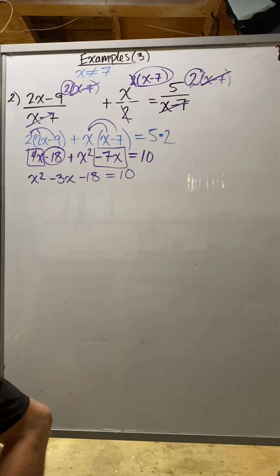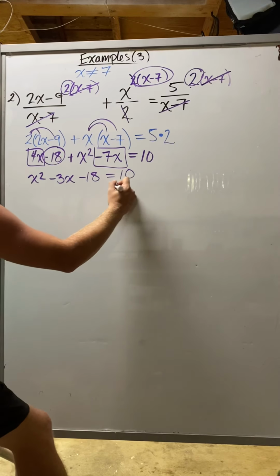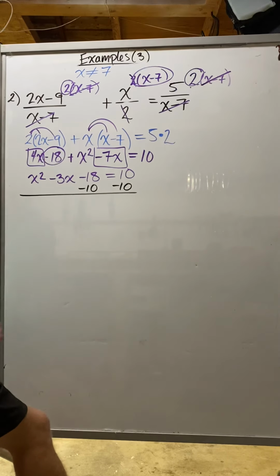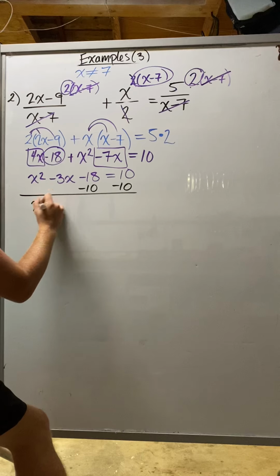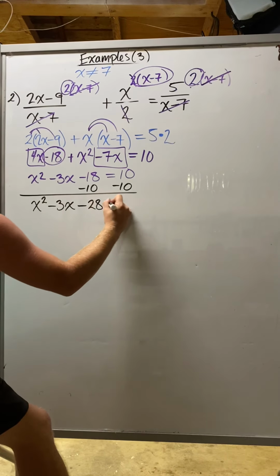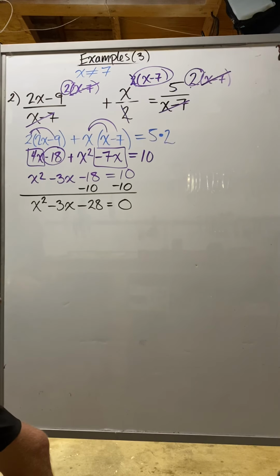We're going to have to move this 10 over here so that it is equal to 0. The way that we do that is we subtract 10 just like that. Okay? That will leave me with x squared minus 3x minus 28 is all equal to 0.